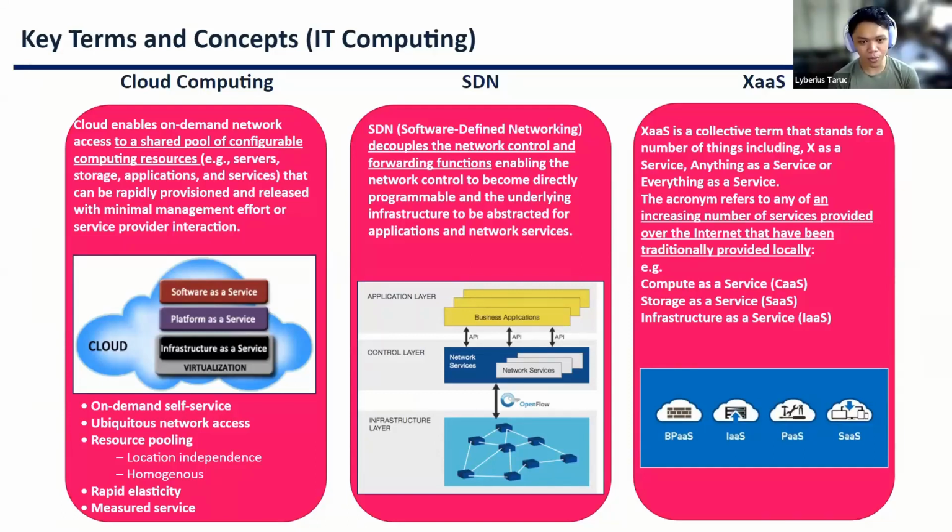So that's resource pooling. Rapid elasticity. If there's a need for the cloud provider to immediately increase or decrease the resources that it has on its cloud, it can easily do so through the use of tools or management platforms that it has in its system.